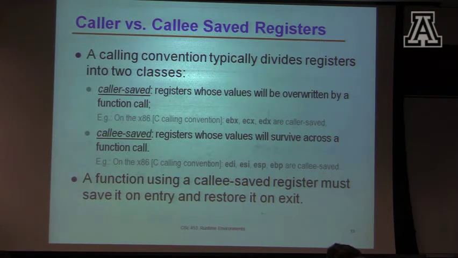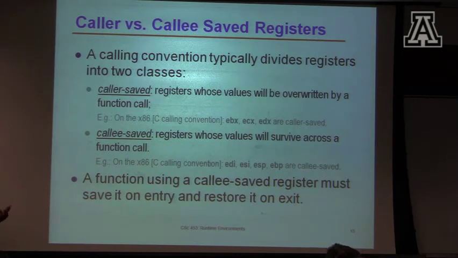If I do that, that's kind of nice for the caller. Because now the caller can say, I can use any register I want. And if I make a function call, the callee is going to save any register that it touches, so I don't have to save the registers myself. So this is great. The downside, though, is that the callee might end up saving registers that the caller doesn't care about.